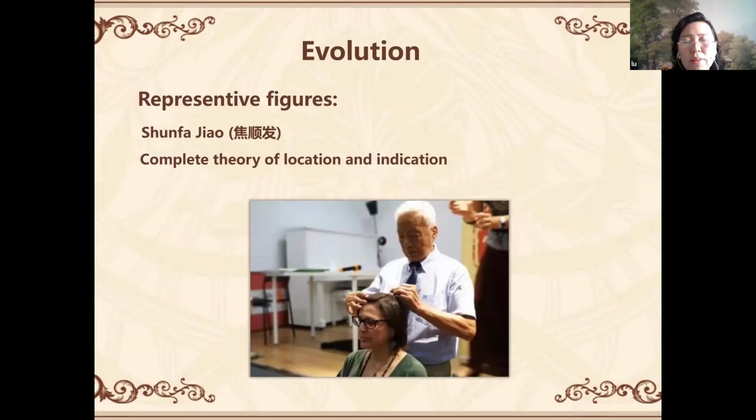He formed a very complete theory of scalp acupuncture location, indication, manipulation and precautions. As time passed, different doctors, after years of experience, wrote articles, did research, and set up different doctrines.